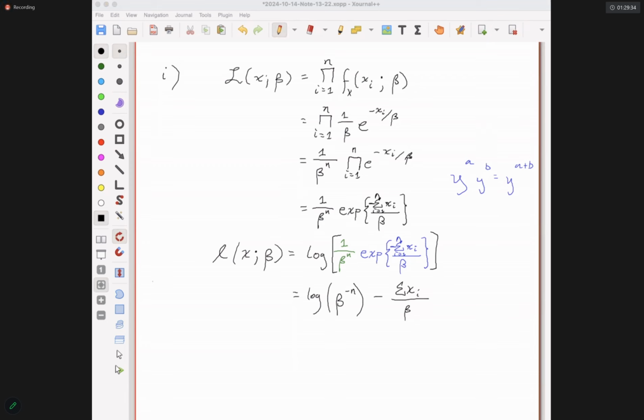So then how does it simplify? Negative n log beta. Does that make sense?